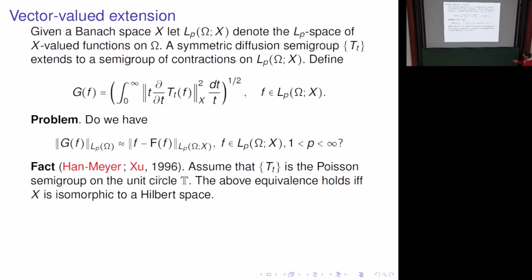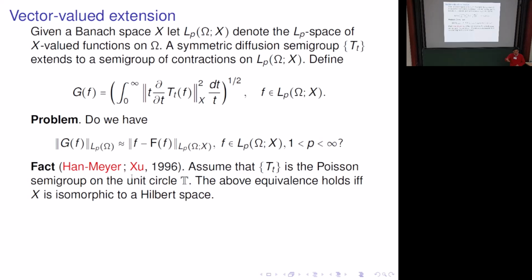So in one direction, the proof is very easy. If X is a Hilbert space, then we can just follow Stein's proof to show this equivalence still holds. But the other direction is a little bit harder. In this case, we have to show X is of type 2 and also of cotype 2. Then by Kwapień's theorem, X is isomorphic to a Hilbert space.